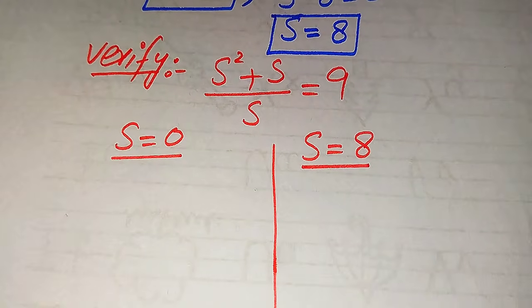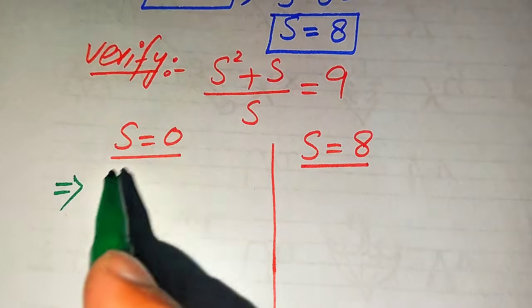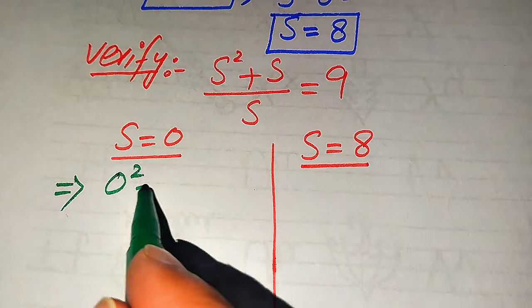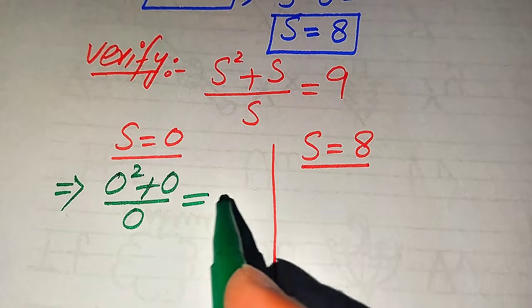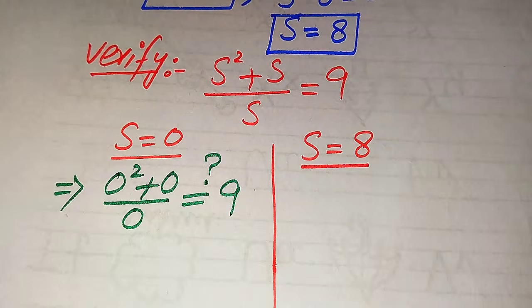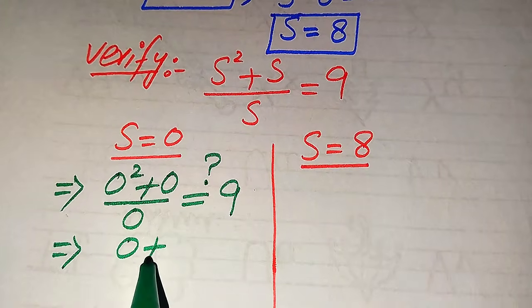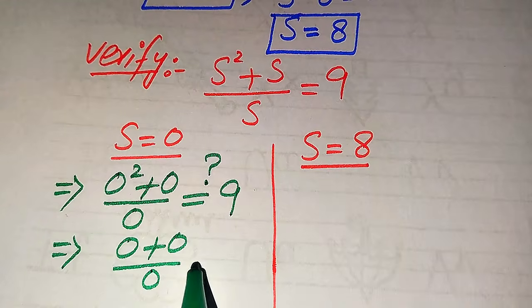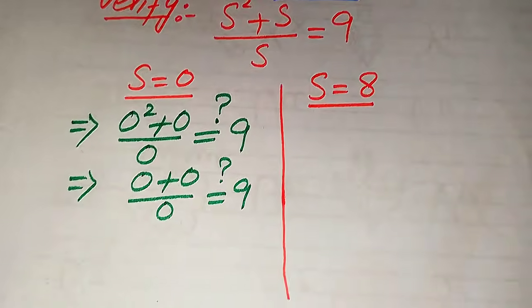So now first we need to focus on s is equal to 0. When we substitute s is equal to 0 into the left hand side, it becomes 0 square plus 0 divided by 0 is equal to 9, or not. This is our claim. You know that 0 square becomes 0, plus 0 divided by 0, and here we check whether this is equal to 9 or not.